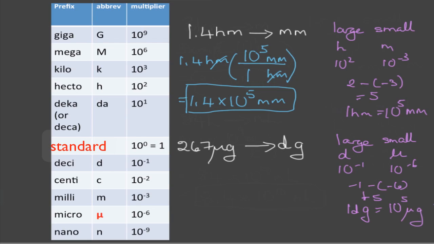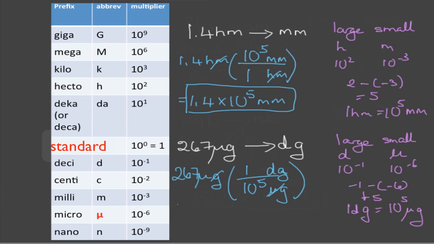Now the conversion. 267 micrograms. Micro must go in the denominator. Deci, numerator, 1 and 10 to the 5. Micros cancel.